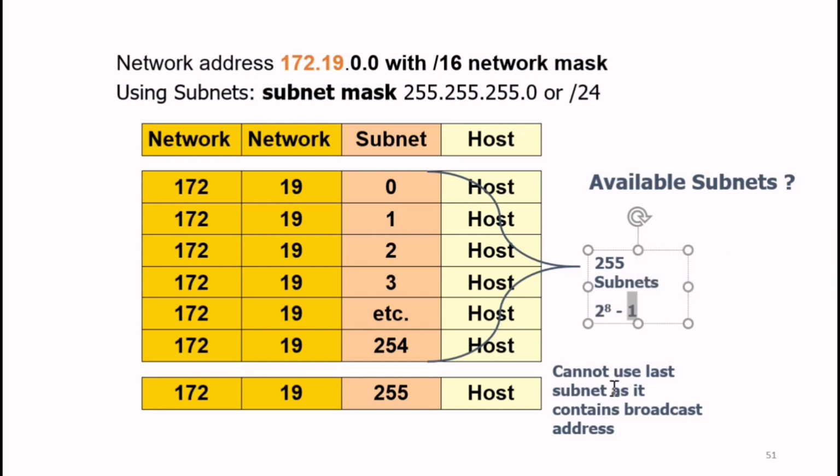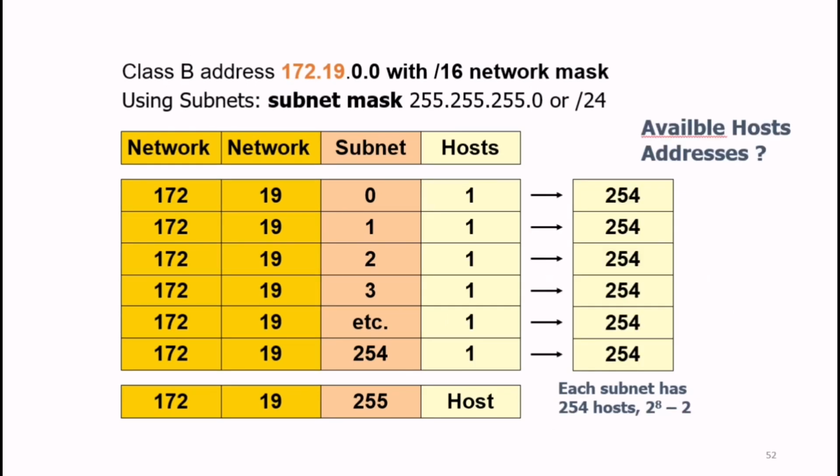We minus 1 because the last subnet is used for the broadcast address. So for this IP address, the total number of available subnets is 255.